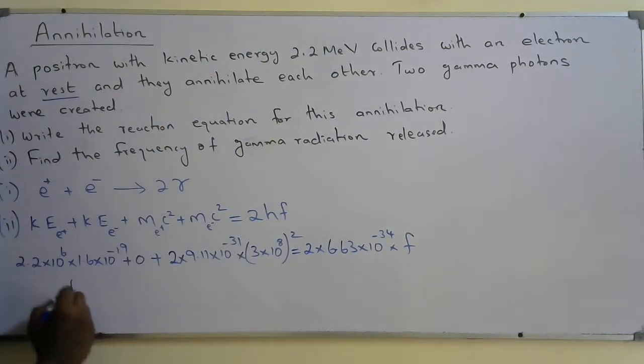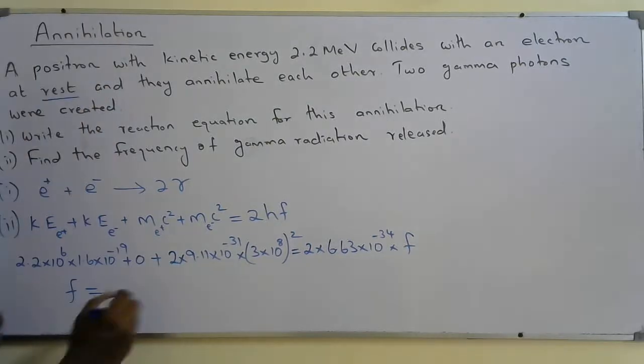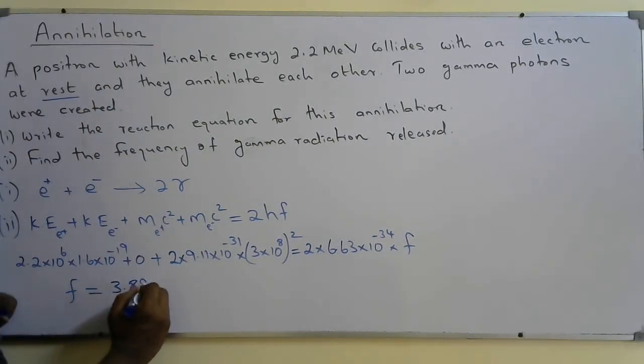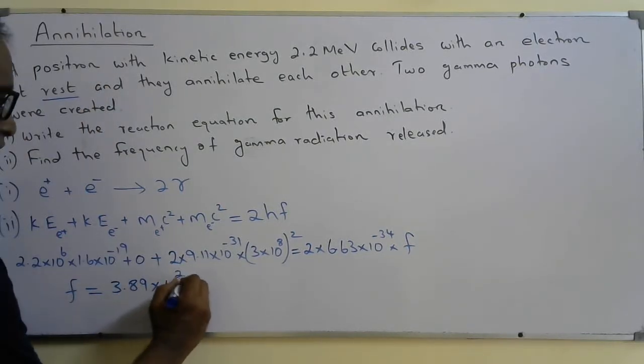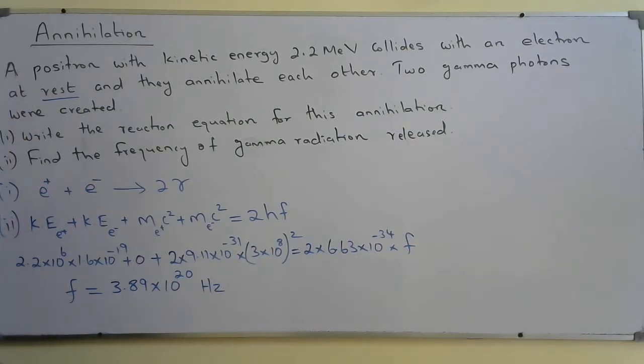Solve it and you will get the frequency of the gamma radiation emitted. So that is 3.89 × 10^20 hertz. That's the frequency of the gamma radiation released during this annihilation process.